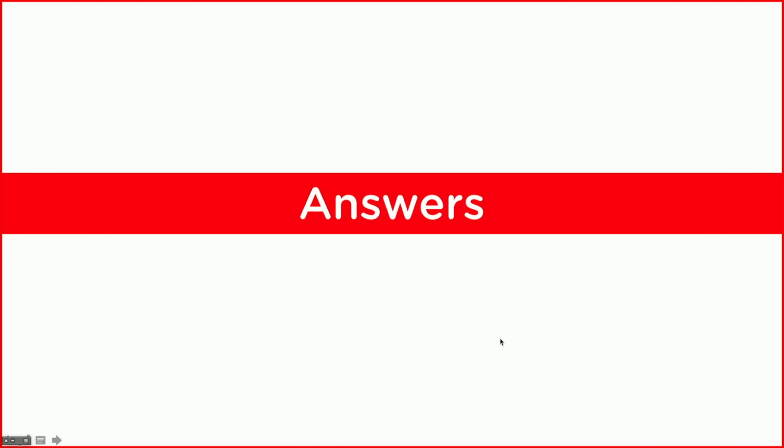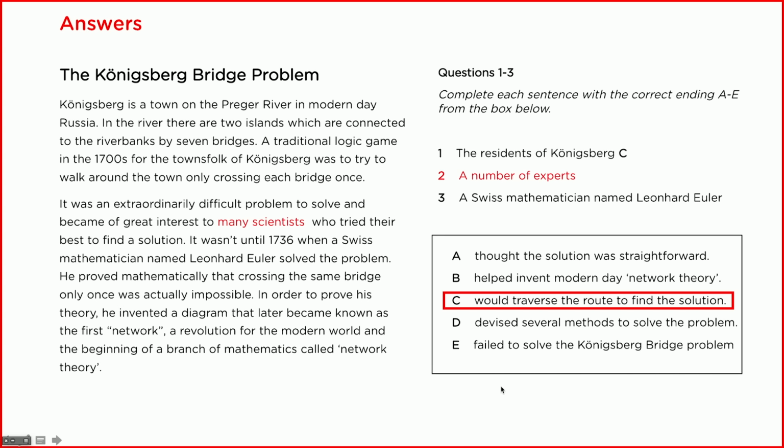Okay, let's take a look at the answers here. So, number 2, a number of experts. If you look closely in the text, you can see a synonym or a paraphrase, something that says a similar thing, many scientists. So we know we're in the right spot. Let's read carefully.